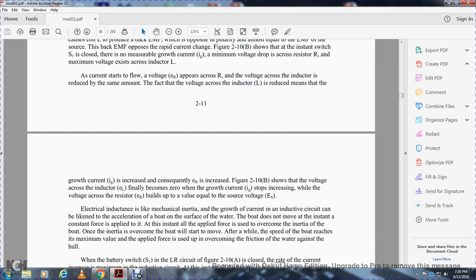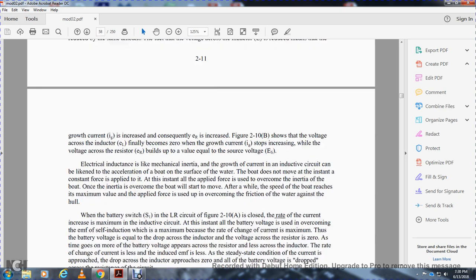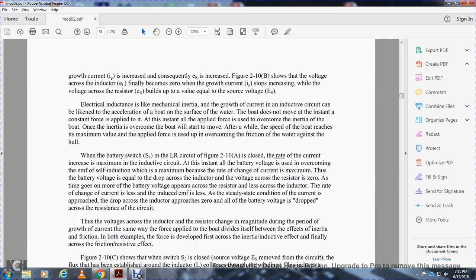Figure 210B shows the voltage across the inductor finally going to zero as the growth of the amperage stops increasing, while the voltage across the resistor rises to a value equal to the source voltage.